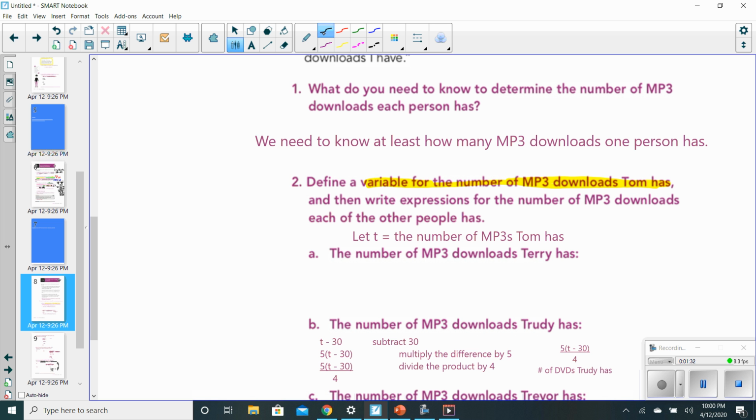And do we know the number that Tom has? Did we get any information from him? No. So right here, we're just going to say that T equals the number of MP3 downloads that Tom has. So T equals Tom. And then we're going to write expressions for the number of MP3 downloads that each person has. So let's take a look.